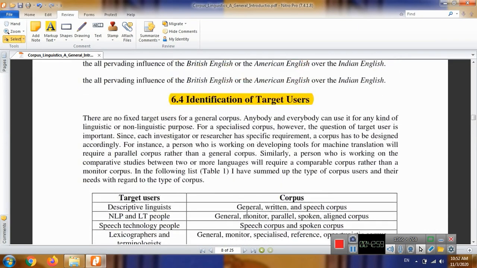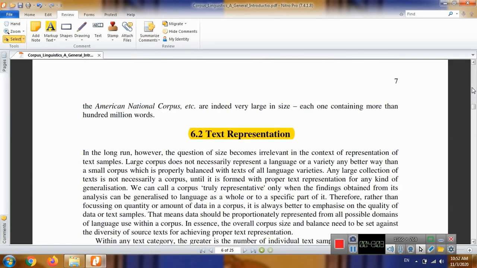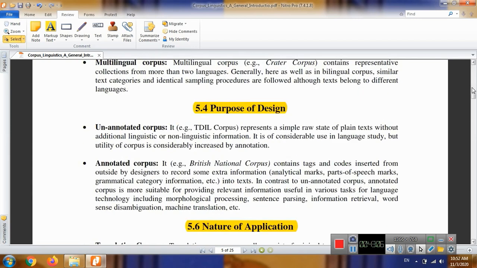In this session we read some features of corpus. As I told you, we had unannotated corpus and annotated corpus. When you want to learn this discussion, you will read all of them line by line, and you should practice more and more to learn them.